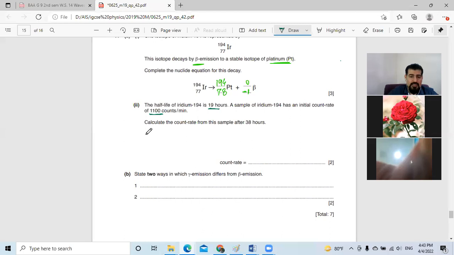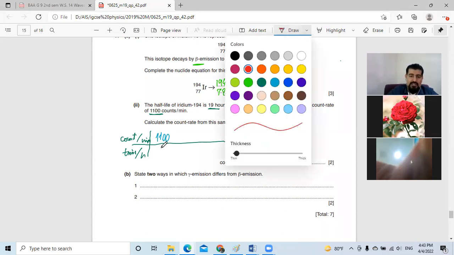After 38 hours. Now I'm going to draw a table, and this table has 2 variables: first the count rate, the count in minutes, and the time in hours. So the count rate now is 1,100, and the time now is 0.